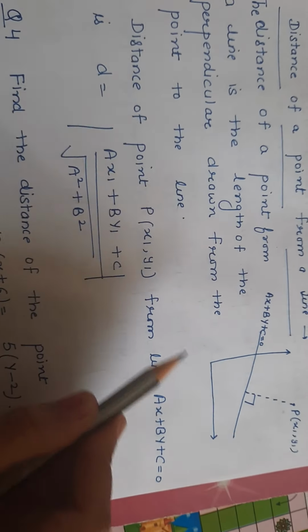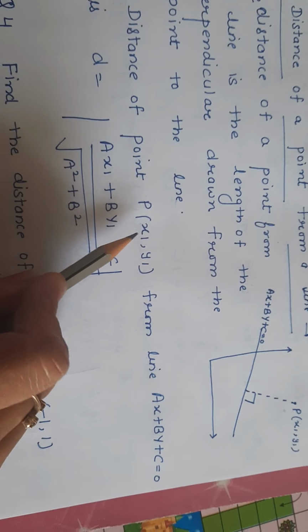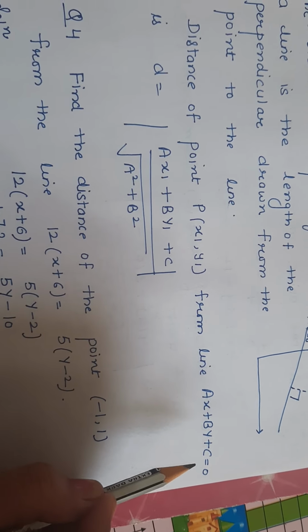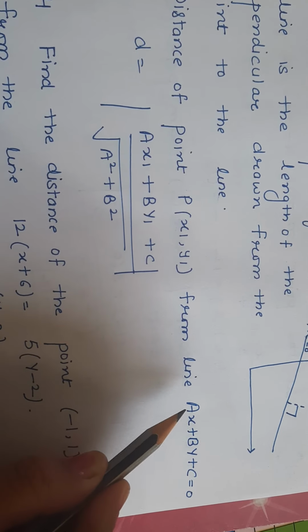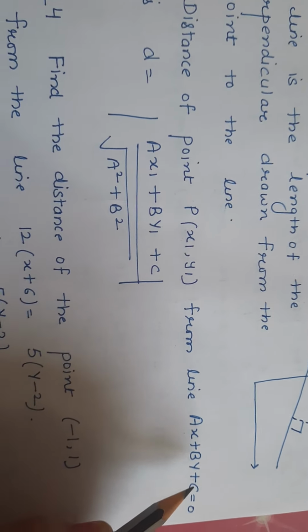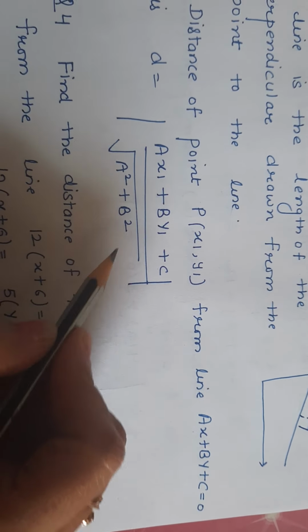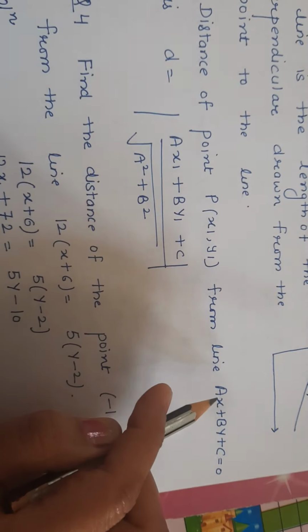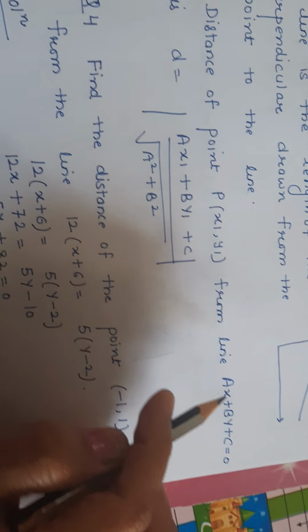So apply the formula: the distance of point P (x1, y1) from the line ax plus by plus c equal to 0 is mod of a into x1 plus b into y1 plus c, divided by the square root of a square plus b square.